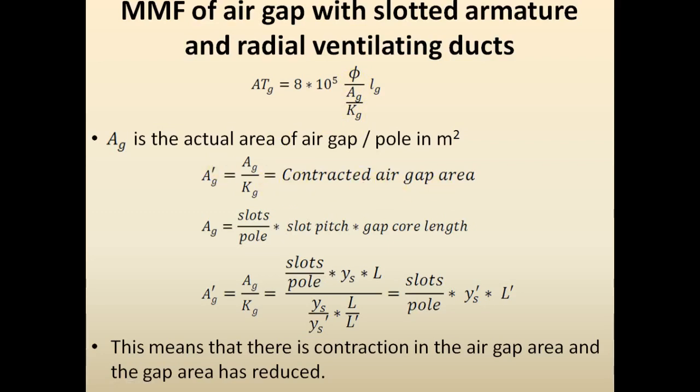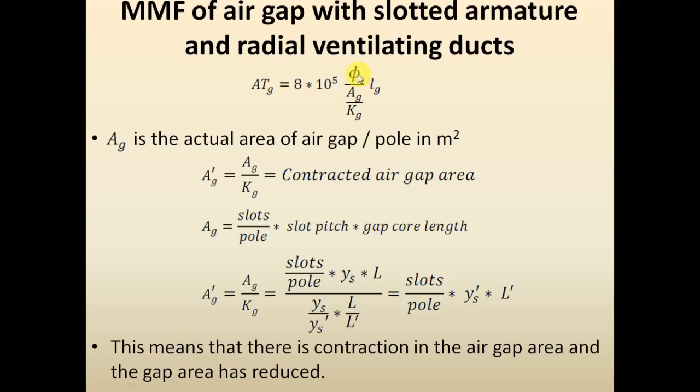So if you are seeing with respect to the term Ag, the effect of kg on this relation can be said to be contraction in the air gap area by kg times. Hence this term kg can also be said to be the gap contraction factor. With respect to Lg, we say it as gap expansion factor, and with respect to Ag, we will say the term kg as gap contraction factor.